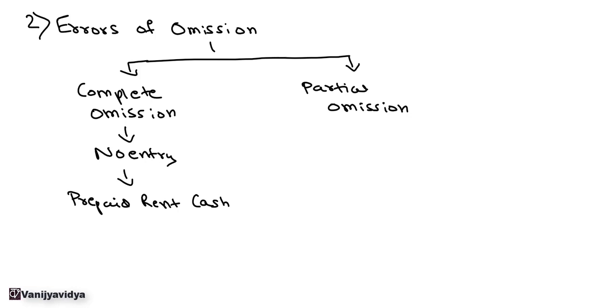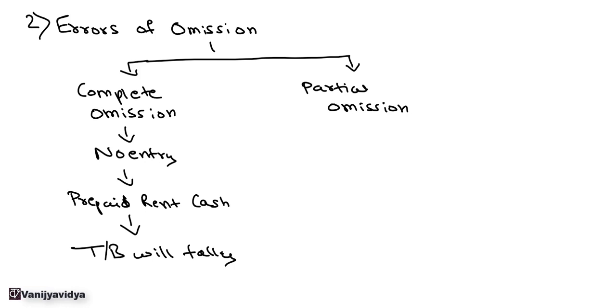But since no entry is passed for this, this is an error of omission, complete omission. Now in this case also the trial balance will tally. Since the entry is completely omitted, it is not at all passed in the books. It is not affecting either the debit side or the credit side, so the trial balance will tally.